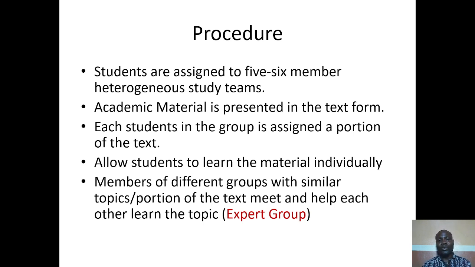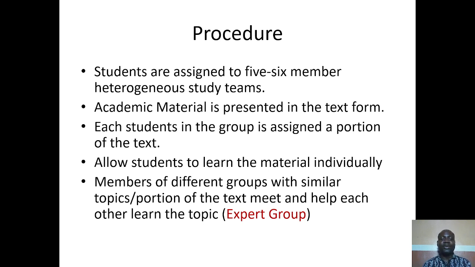When you want to execute the jigsaw learning approach in the classroom, the first thing to learn is that the students in that class are to be assigned to 5 or 6 member heterogeneous study teams.